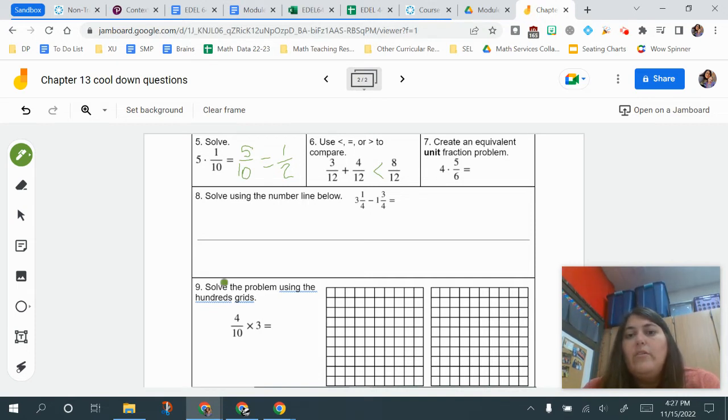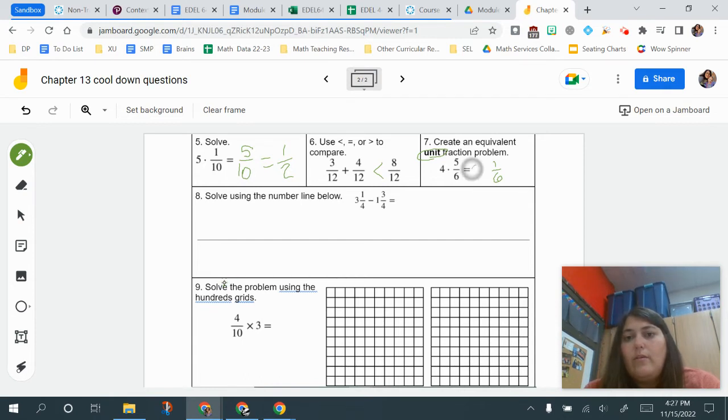And then number 7 is one that a lot of people miss because they miss the word unit fraction. So a unit fraction is just our counting fraction. A unit fraction has a 1 in the numerator. So we want this in terms of 1/6. So if I were to multiply this 4 times 5/6, it would be 20.